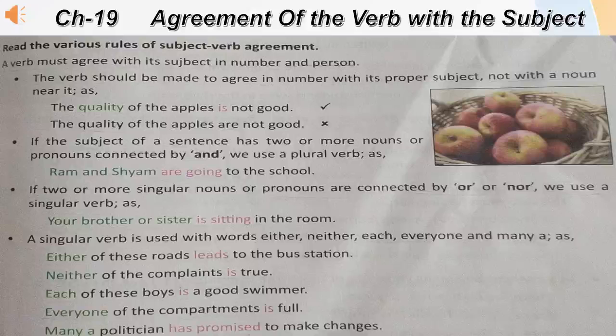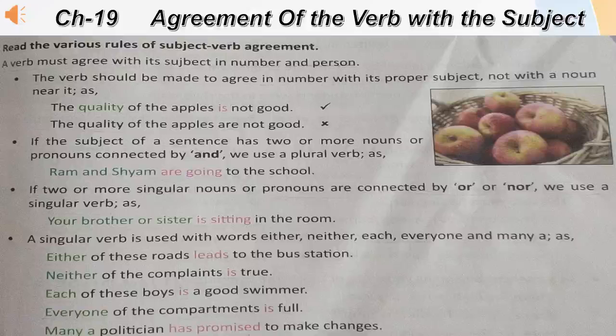If two or more singular nouns or pronouns are joined by or, nor, then we use a singular verb. For example, your brother or sister is sitting in the room. Here, brother, sister, these nouns are joined by or, so the helping verb used here is singular.